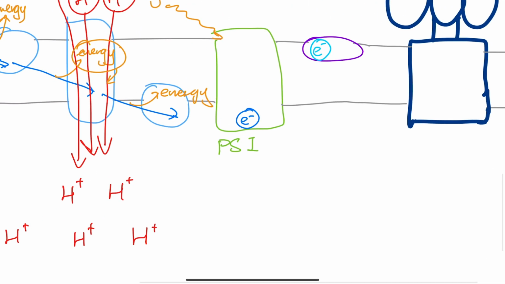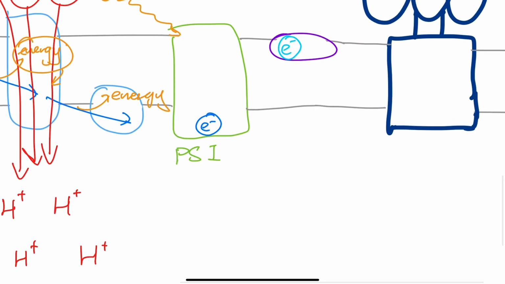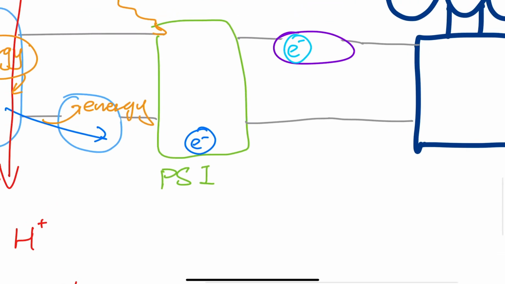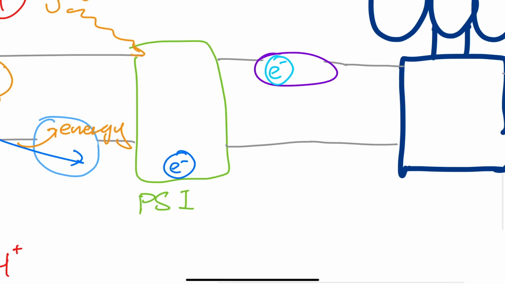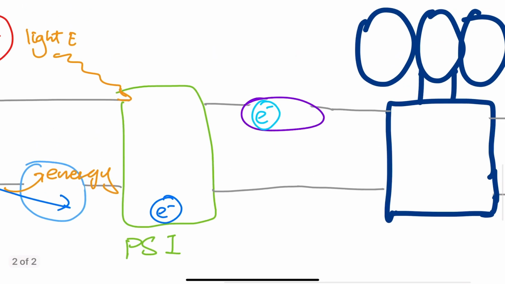Okay, now, the photosystem 1, if you see the electron, it has got excited. The electron that I have excited from photosystem 1 now moves to this purple complex over here.